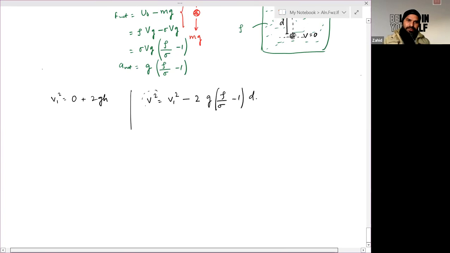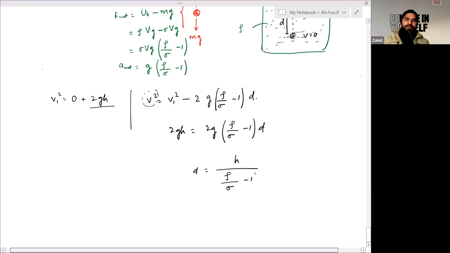This term is 0. Put the value of v1 square to be this and simplify it. So you'll get 2gh equals 2 times g bracket rho by sigma minus 1 times d. 2g and 2g will cancel out. So d will equal h divided by rho by sigma minus 1.